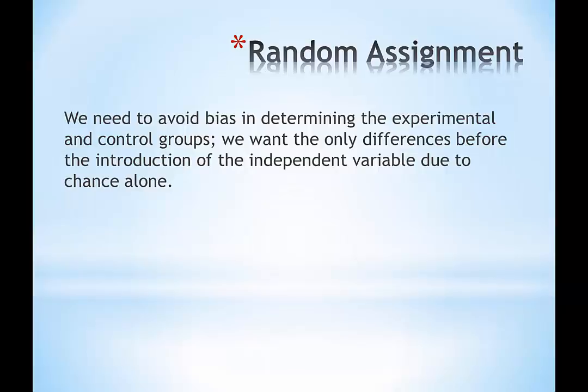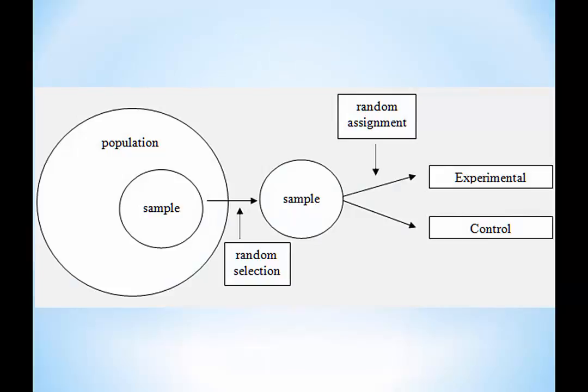And so we want to be as fair as we can as we're divvying up those folks from the sample into our conditions. And that's the latter part of this graphic, left to right. You can see random assignment in the square box happens as the sample is split into those 2 rows, the experimental group and the control group.